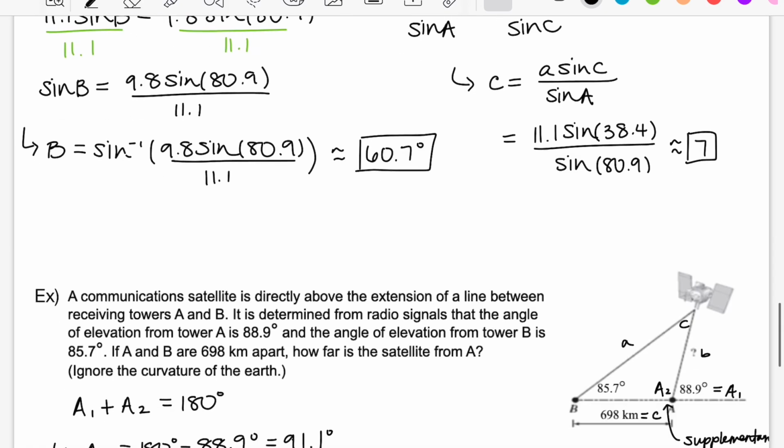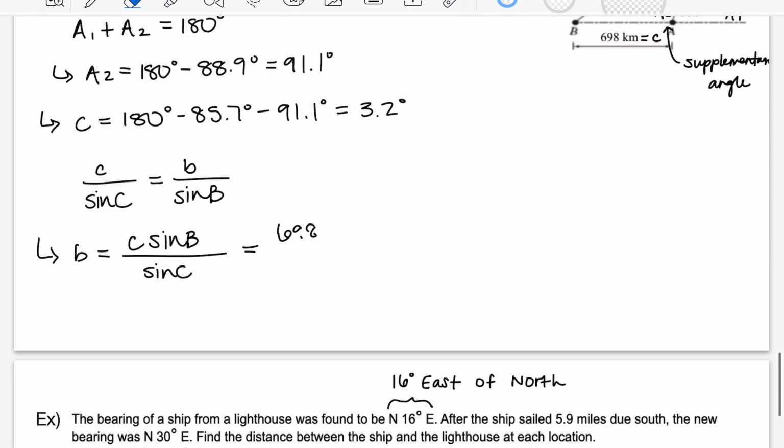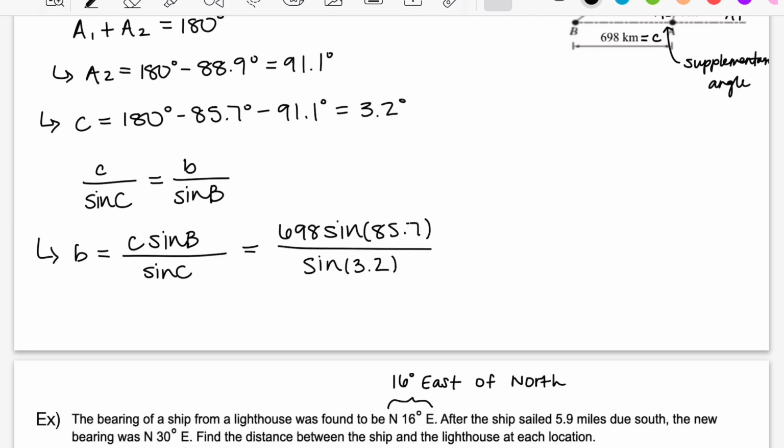So this will be C times sine of B over sine of C, which is going to be equal to our length C, which is 698 kilometers, times sine of B over sine of C. Now plugging this into our calculator, we get this here.